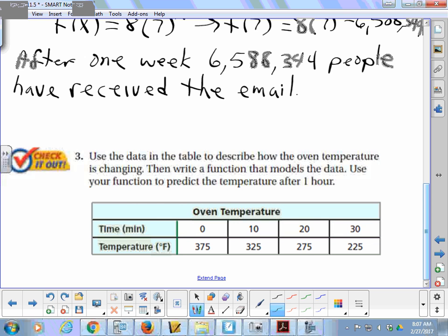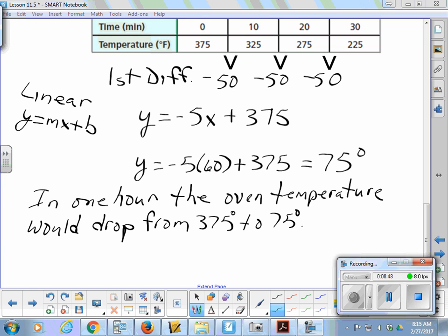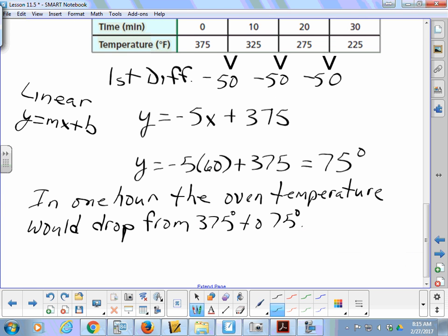All right, so remember, always check first differences to see if they're the same, then second differences, and then ratios.